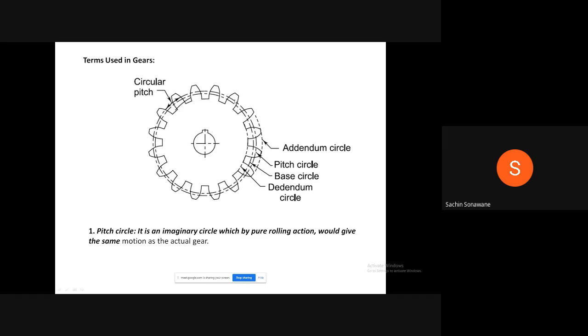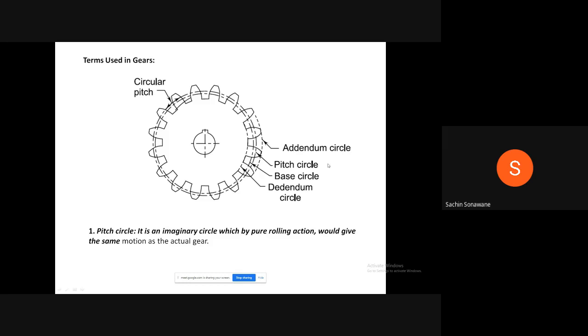That circle is known as pitch circle. When you take a gear in your hand, we cannot judge where the pitch circle is, and that's why its definition is: it is an imaginary circle which by pure rolling action would give the same motion as the actual gear.